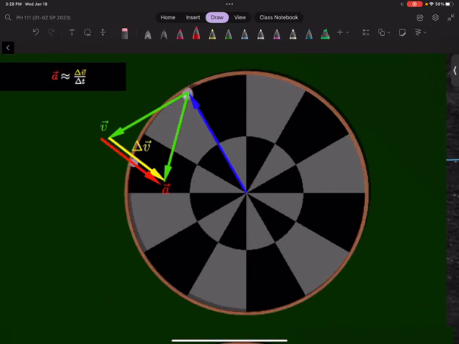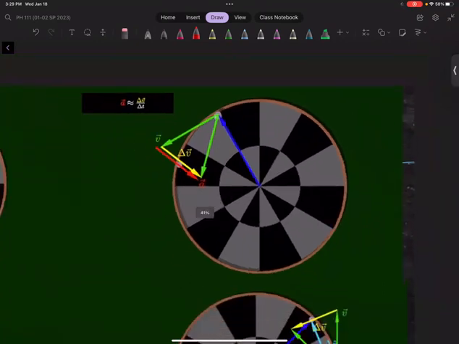Wouldn't you say that the delta V vector points towards the center? Wouldn't you also say that acceleration follows the vector of change of velocity? That's how we define acceleration to begin with. So right off the bat, I know that this acceleration must be pointing towards the center. That's how we establish that acceleration points towards the center. It's not magic. It's just simple geometry.